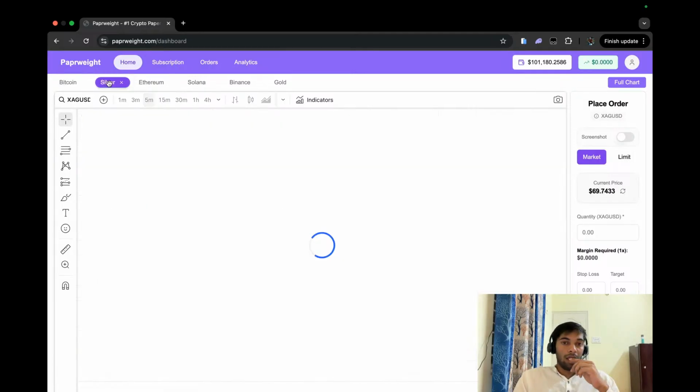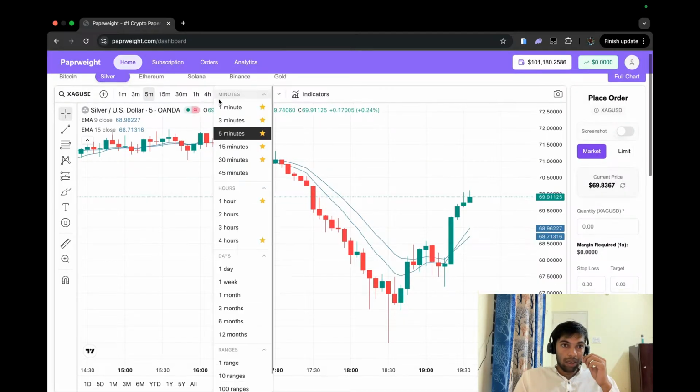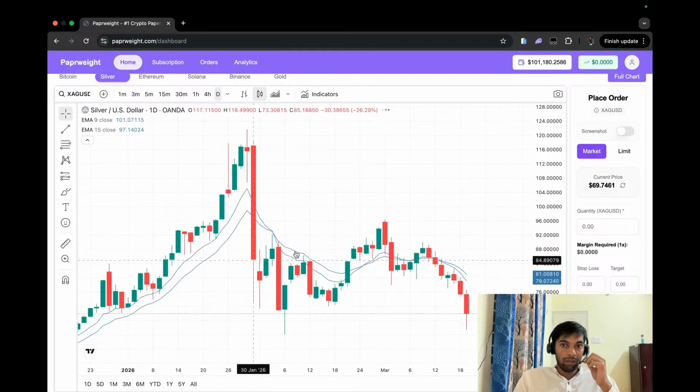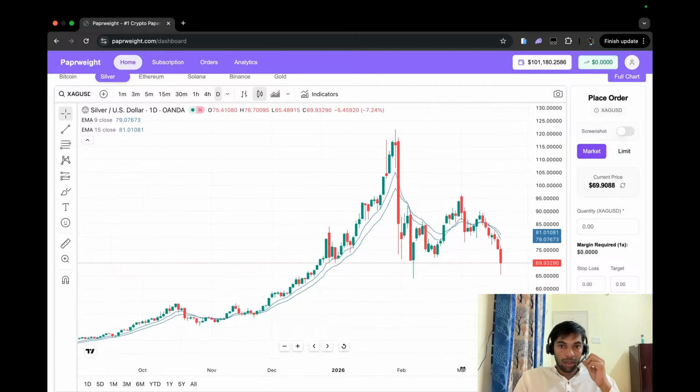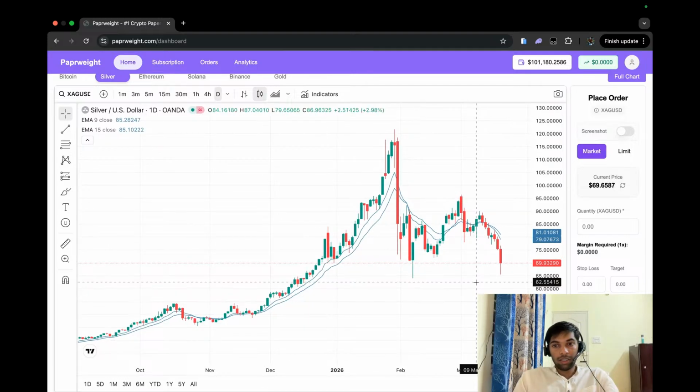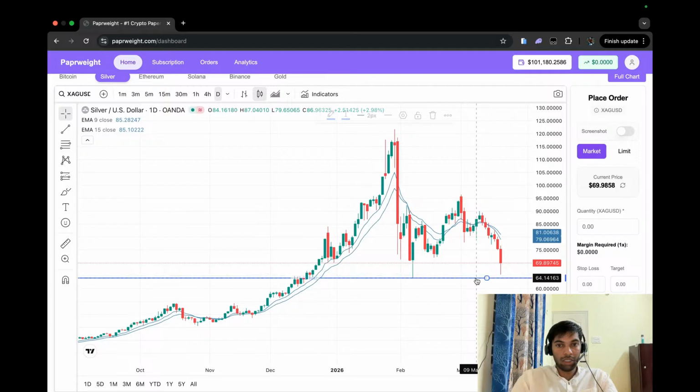Okay, let's see what is happening on the daily time frame in silver. Guys, in silver also we can see that the market took rejection. Last time the market took support from this way on 6th Feb.